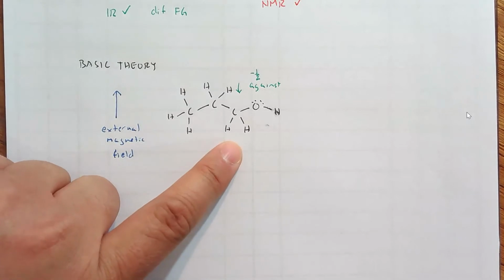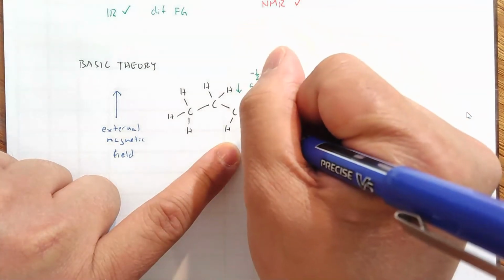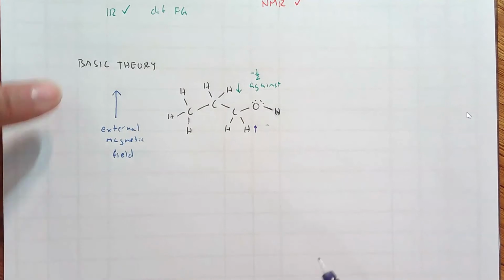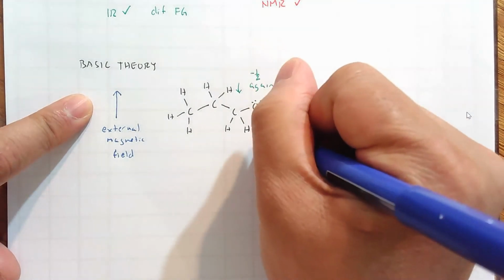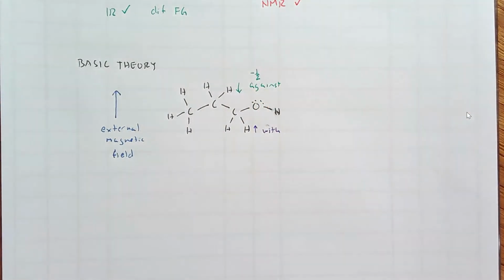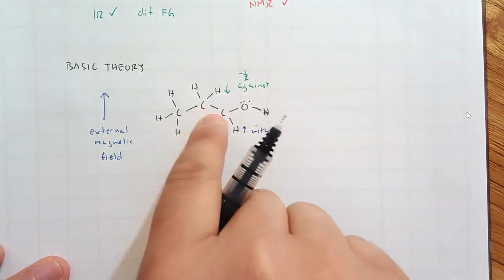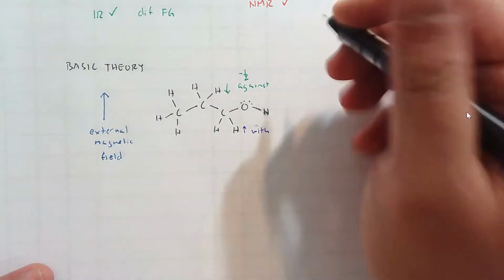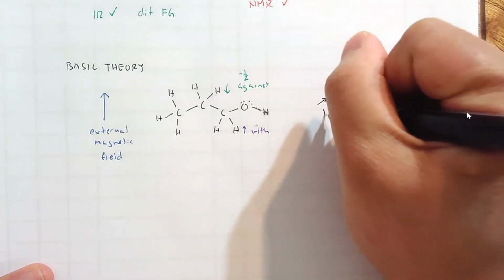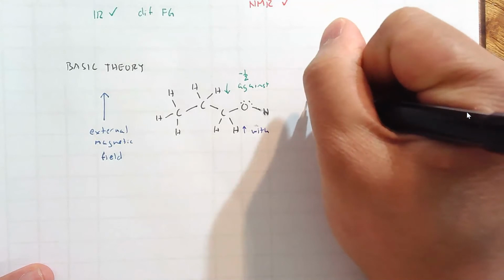Let's take a look at, I'll use purple, this hydrogen. It makes a magnetic field in the same direction as the external. So initially, when all of these mini magnetic fields are not in a magnet, they will be randomized. They will point in all different directions.